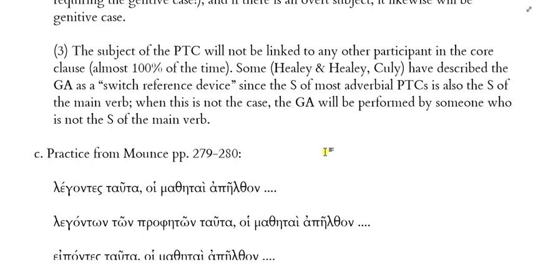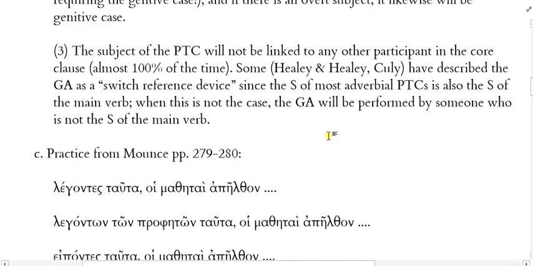When we have a genitive absolute, clearly, if the genitive subject of the genitive absolute participle is not represented by any participant in the main clause, the subject of the main verb in the main clause can't be the subject of the genitive absolute either. Okay? So this use of a genitive absolute is just sort of odd, and it has been used, according to people like Healy and Martin Cooley, to suggest that it's a switch reference device. It's signaling to you that the subject of the participle is not going to be the same as the subject of the main verb, unlike what is frequently the case.